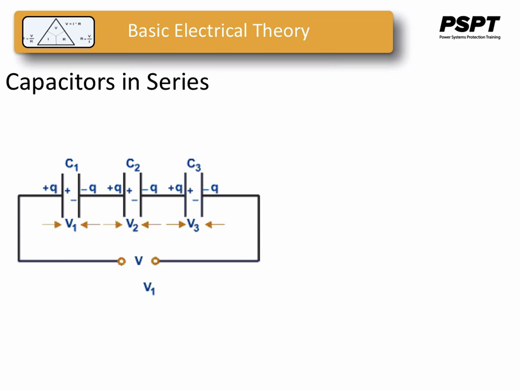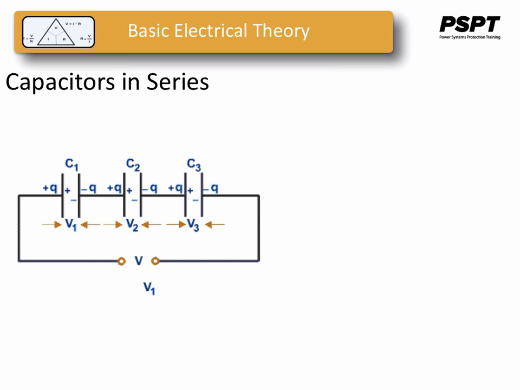In other words, the positive charge on the C1 plate is going to be equal to the positive charge on C2, which is equal to the positive charge on C3. It is also equal and opposite in charge to the opposite plates. If they were not equal, they would tend to push charges until they were equal. So logically speaking, all of the plates have to have an equal amount of charge on them.